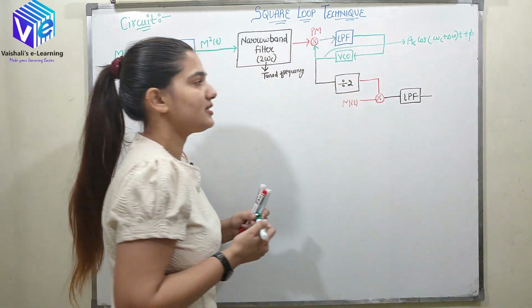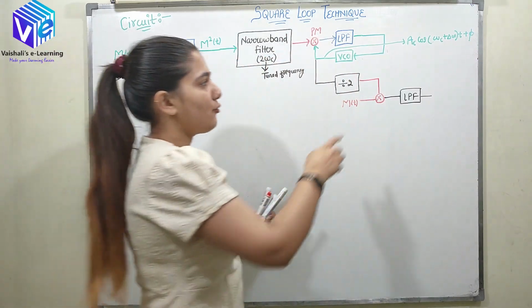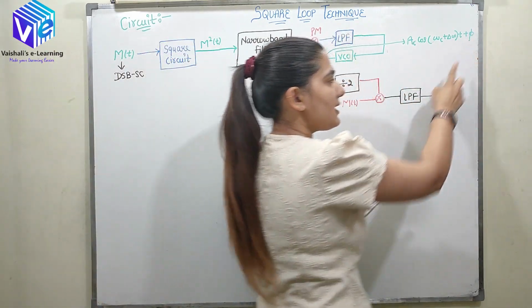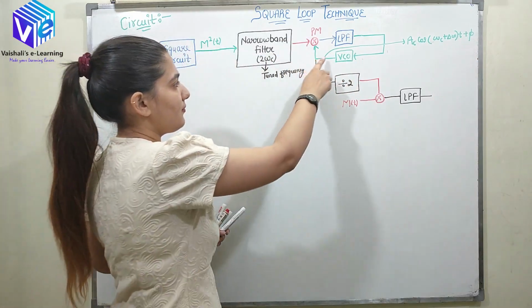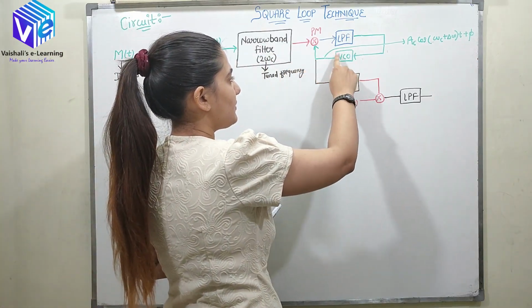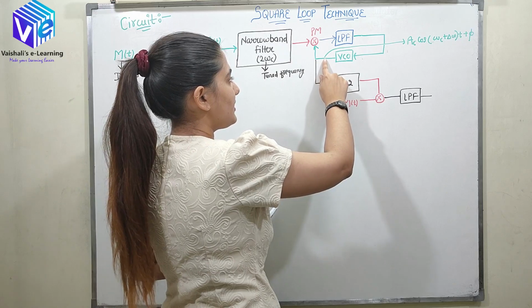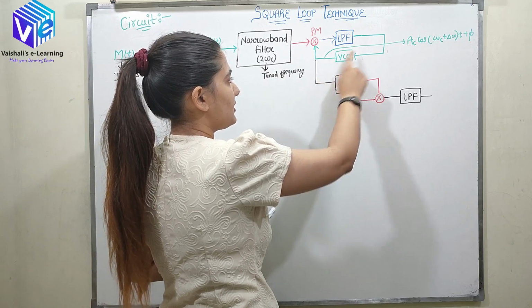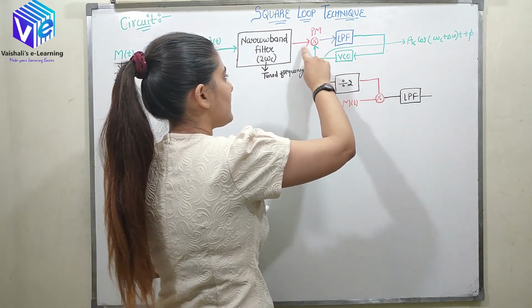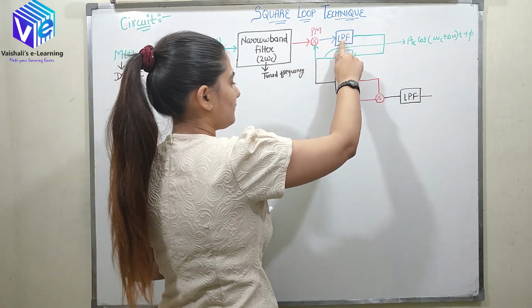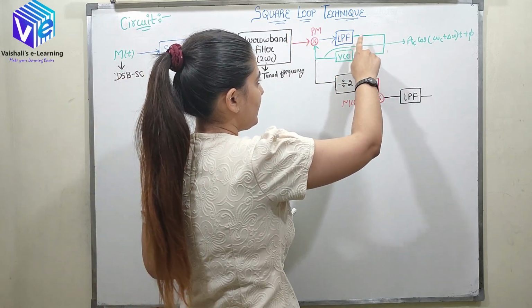You can see I have both frequency error as well as phase error. The output signal of the voltage controlled oscillator, the locally generated carrier, is multiplied with the output which is passed to the low pass filter.